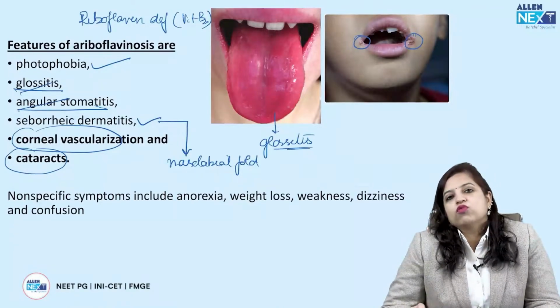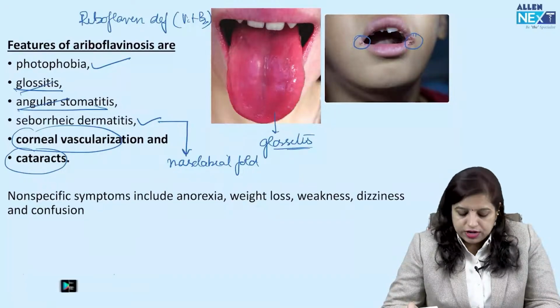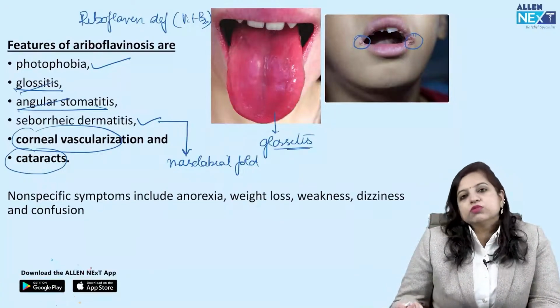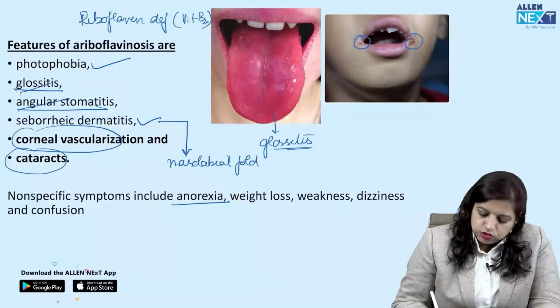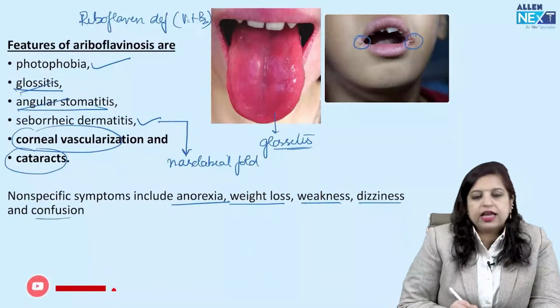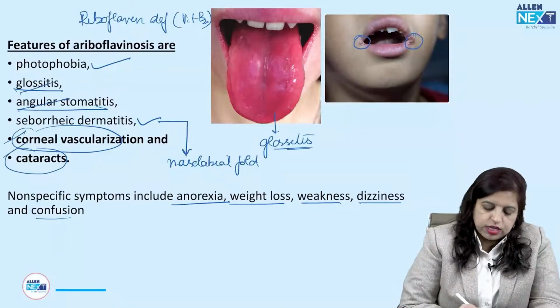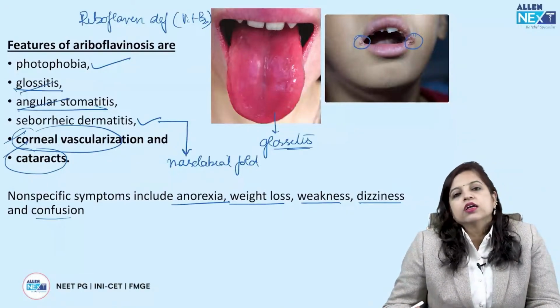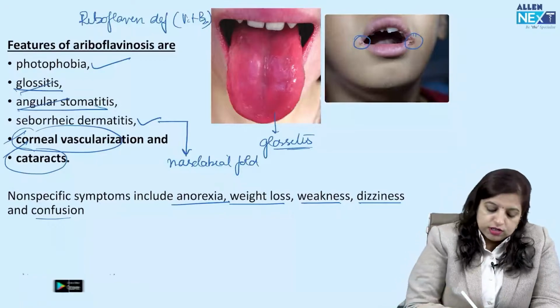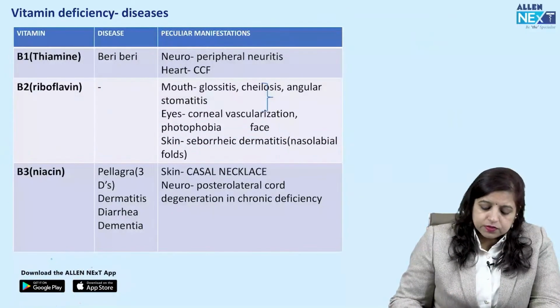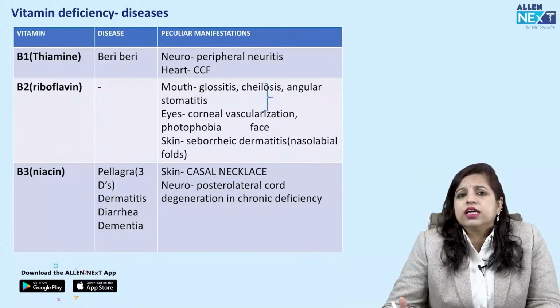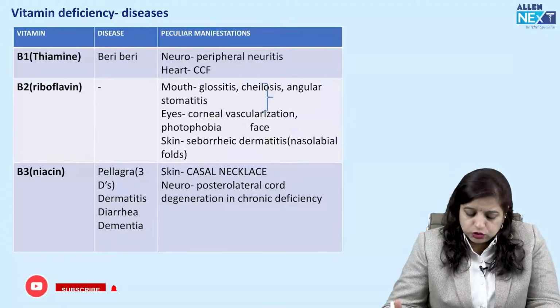This is riboflavin deficiency. Very important, right? Now, non-specific symptoms of vitamin B2 deficiency include anorexia, weight loss, weakness, dizziness, and confusion. Not very commonly asked. What you should remember are these two things: corneal vascularization and cataract, and of course the photophobia, right? So this is a quick recap of all the vitamin deficiencies we should be aware of.